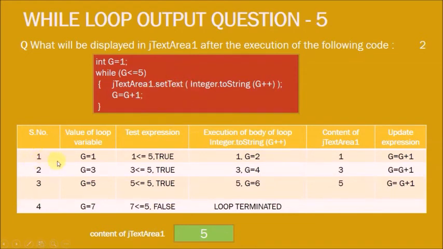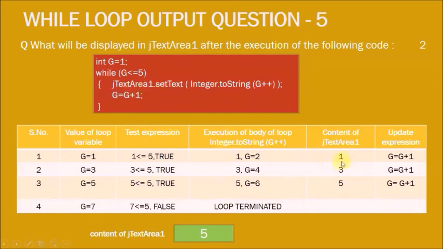So in the beginning, the value of g is 1. Now the test expression 1 less than equal to 5 is evaluated, and it is true. So we will go to this expression. Now Integer dot toString g plus plus. So the value of g will be used first. So the value of g used will be 1, and this value will be set by setText to JTextArea1.